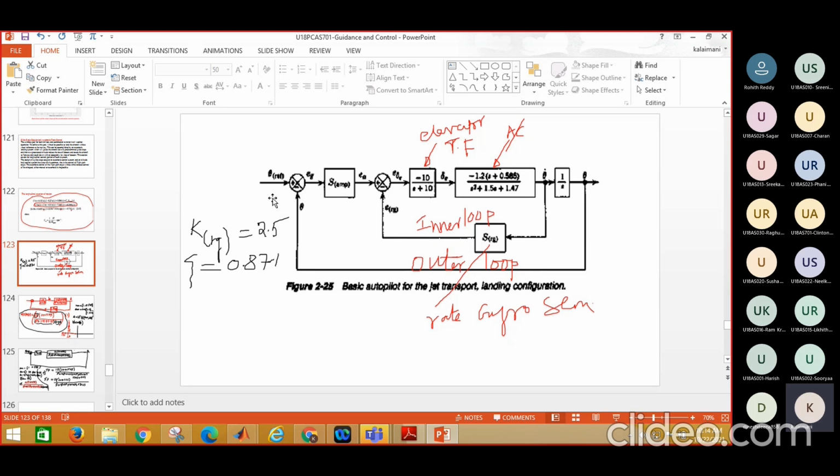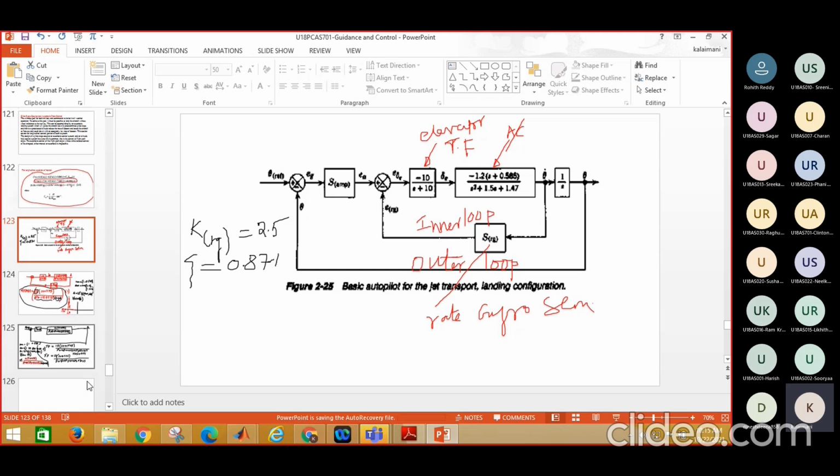Okay, from that observation we came to know that there is an essential role for rate gyro sensitive feedback. If you put the rate gyro sensitive feedback, then I have a higher damping. If you have a higher damping, that will lead to reduced overshoot. So I will give an assignment to you.